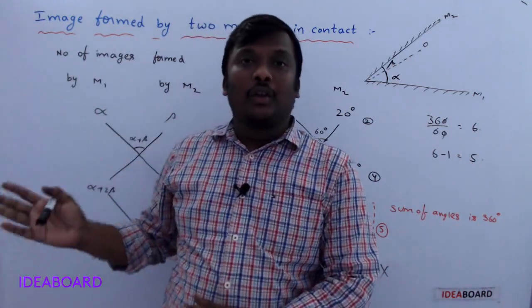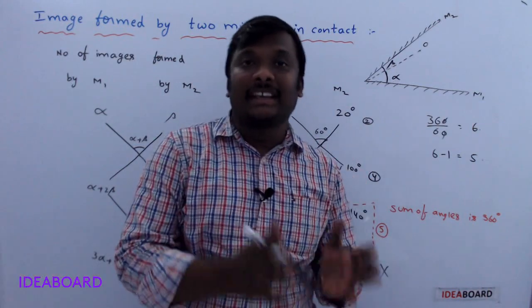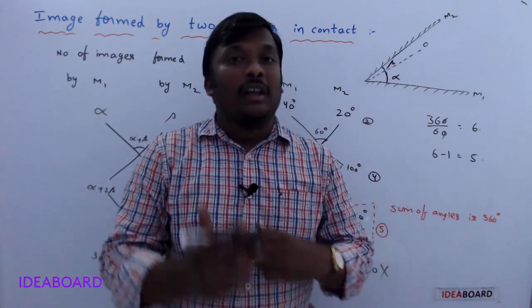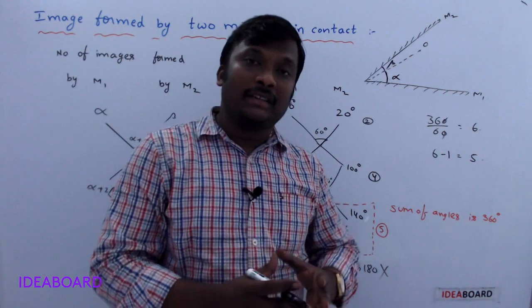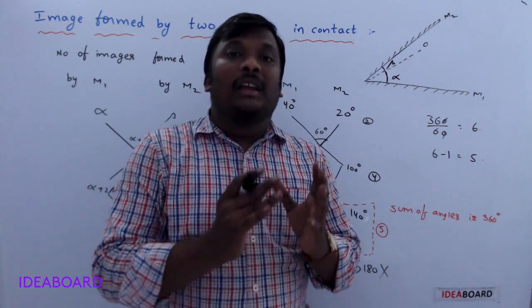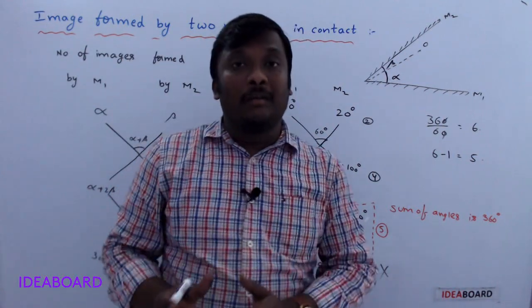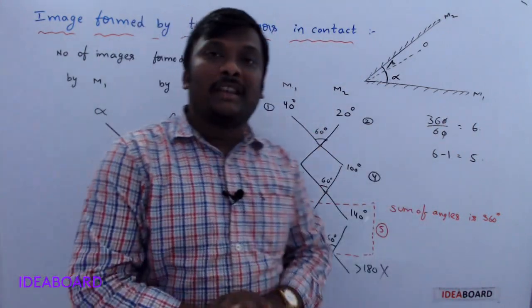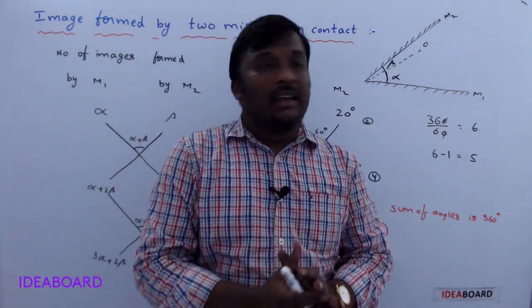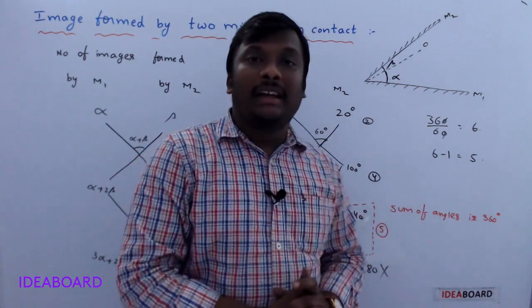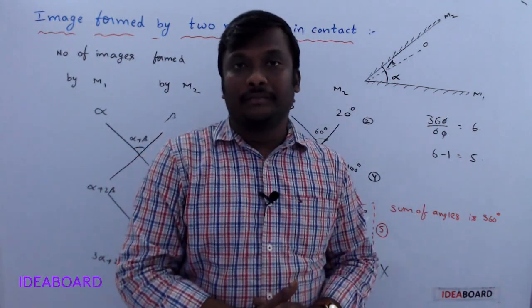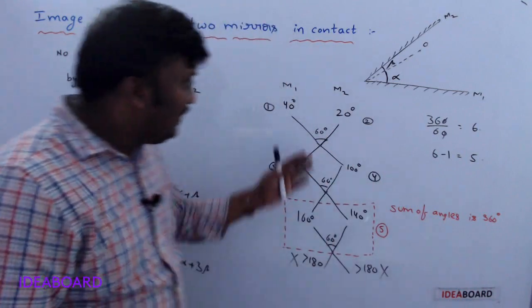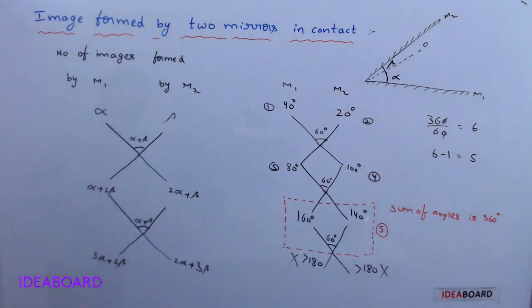In the previous case, no overlapping. In this case, overlapping. So if the question in an examination asks how many images are overlapped and how many are not overlapped, this crisscross method always gives a clear idea. Understood? Please note it down.